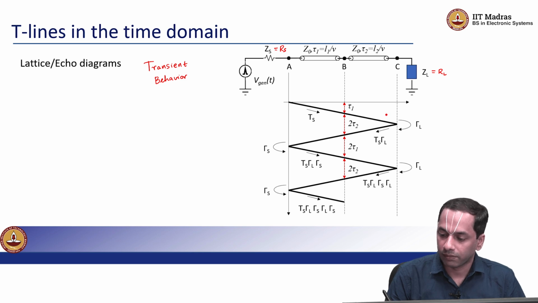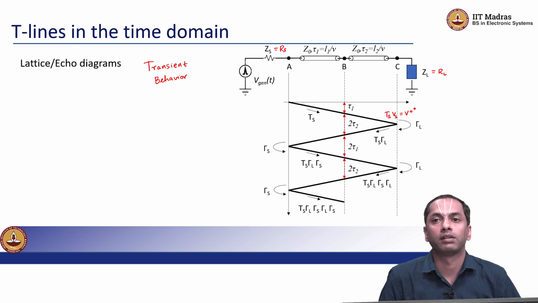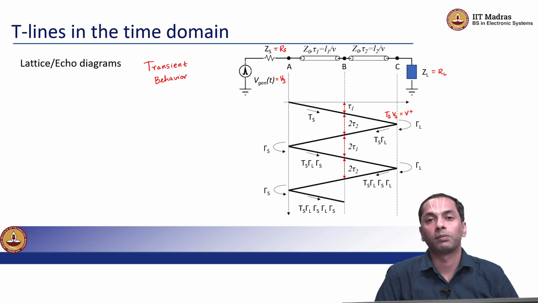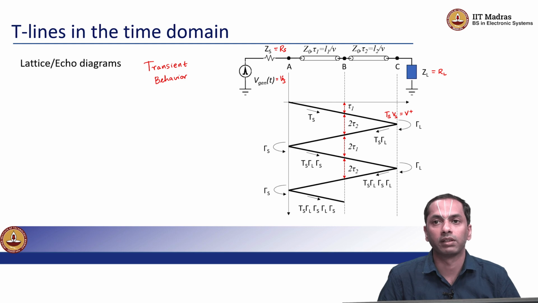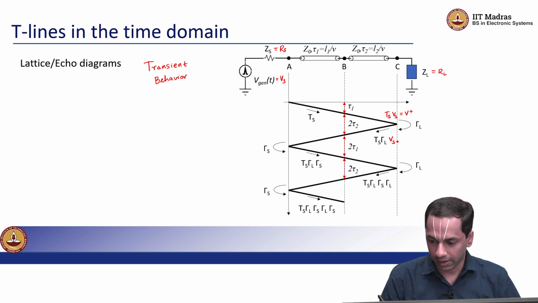So, I have Ts times Vs as V plus, right. Assuming Vs is the source voltage, some fraction Ts times Vs is launched along the transmission line, and when it reaches the point C, there is some reflection, and this Ts gamma L times Vs would be the reflected voltage wave.